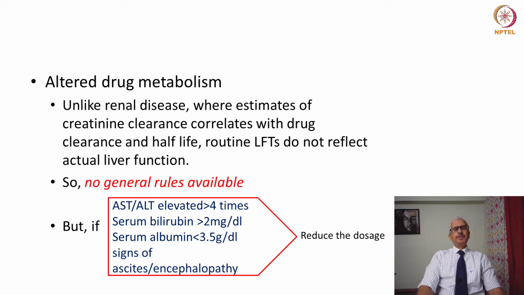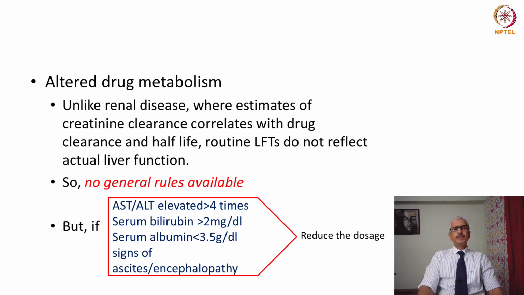When we have a patient of renal failure and we ask for creatinine values, we get a fair idea of how the drug is going to be eliminated, and therefore we can take a fairly accurate decision on the amount of drug to be given. In comparison, in liver failure, the values do not give the actual level of liver function. So it does not correlate very well with liver function.